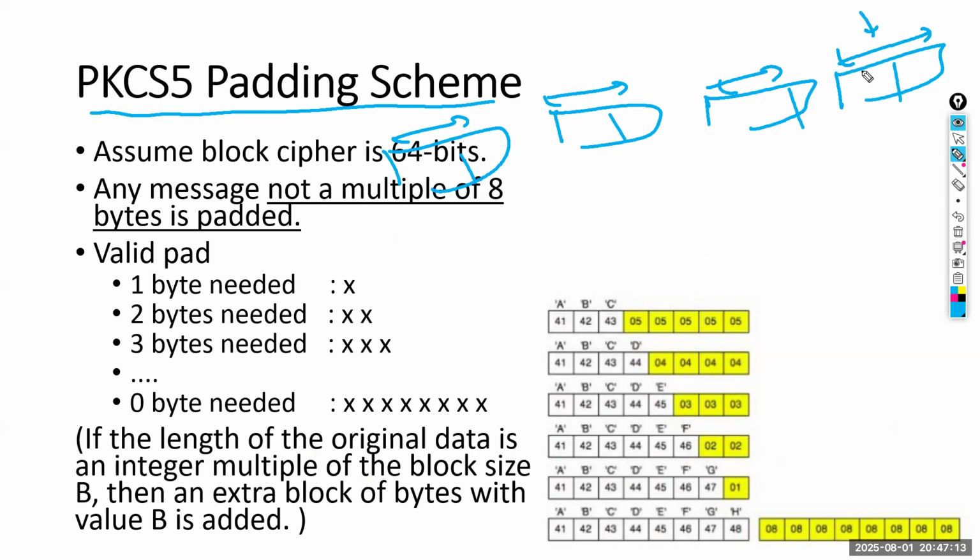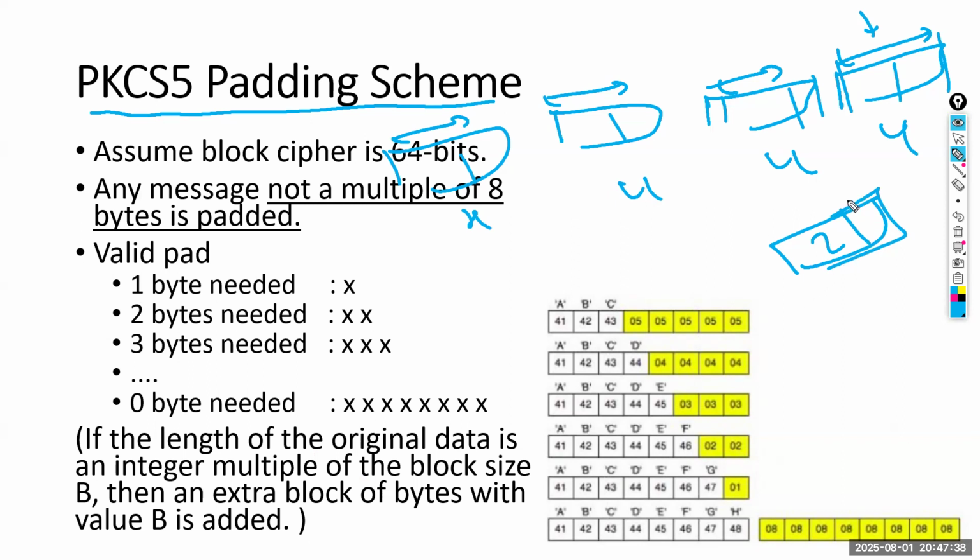But your data may not fit equally into this. Say, for example, each block is 4 bytes. If I have 16 bytes of data, perfect. But what happens if I have 18 bytes of data? Then my last block has only 2 bytes, but our block size must be 4 bytes.